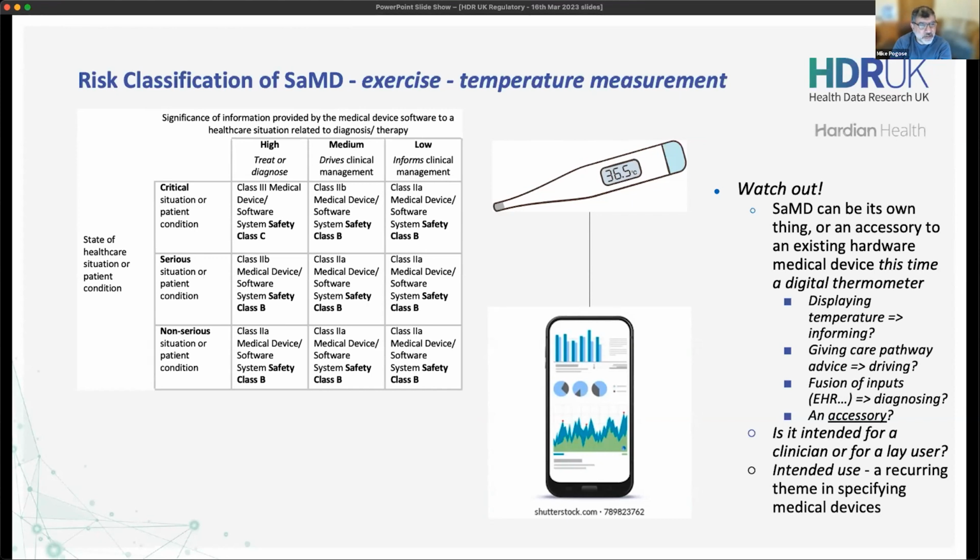Which actually then, if it's a non-serious condition, keeps you in class 2A. If it's a serious condition, takes you to class 2B, if you look at the matrix. So perhaps that's where your notified body is coming from.